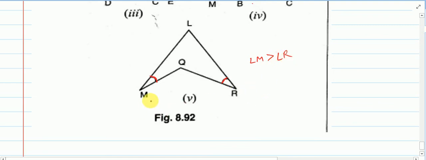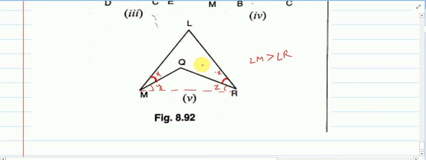So what we'll do is join M and R. Once we have joined M and R, we get triangle LMR. They have already said that these two angles are equal, so let's say this is X, this is also X, and we don't know about this, so let this be Y and let this be Z.